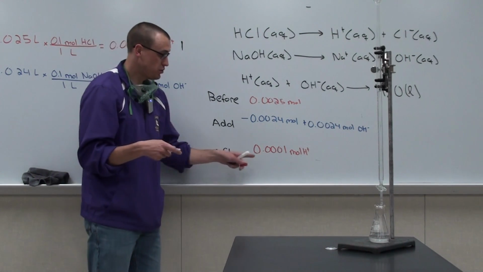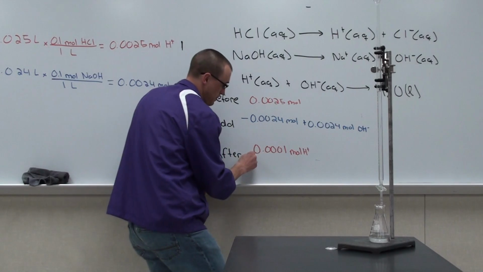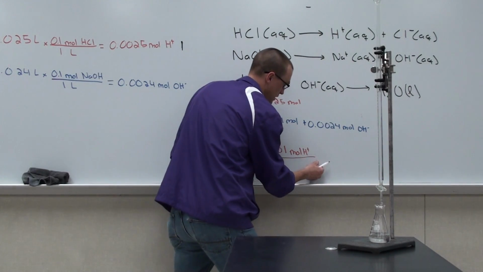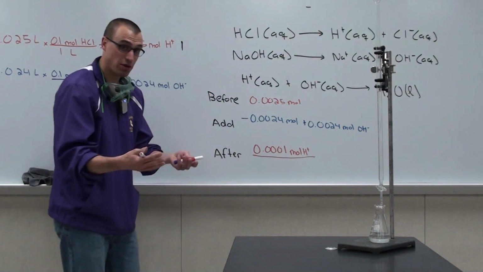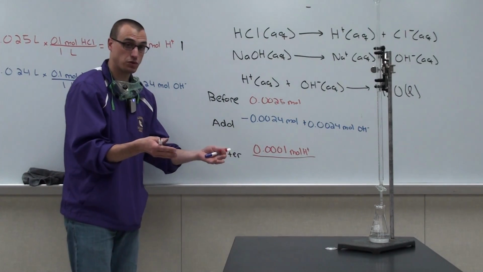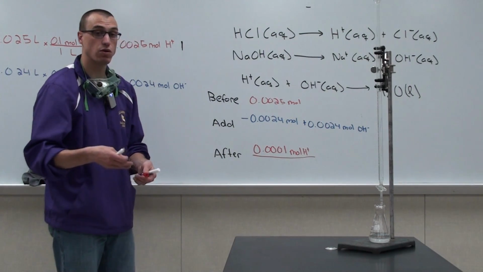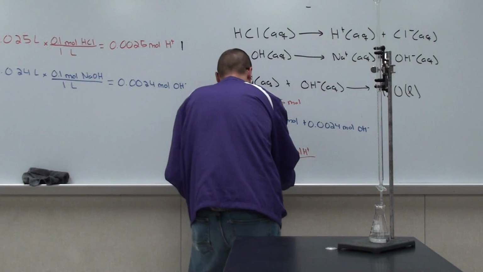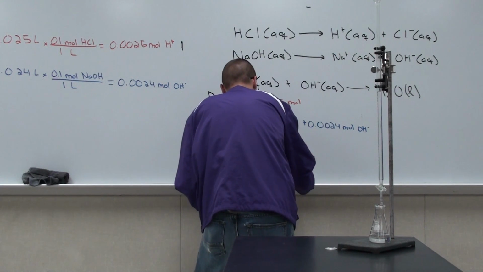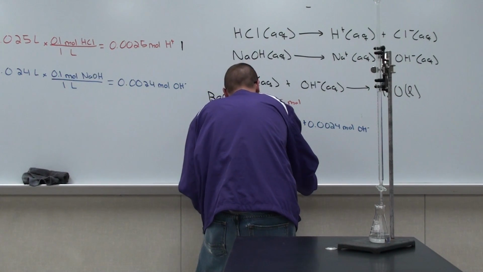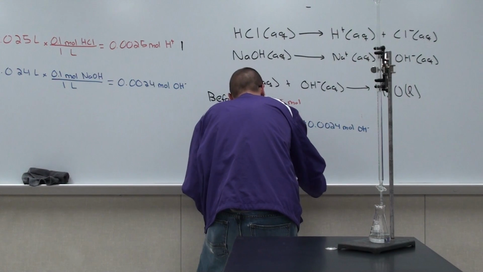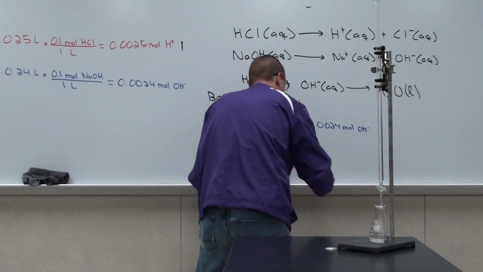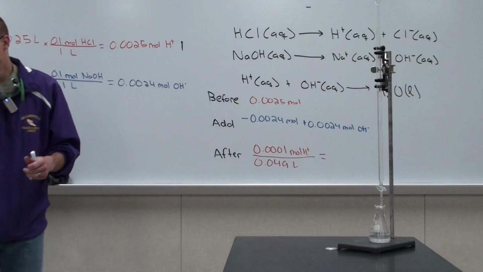So what we need to do to the number of moles of H plus is divide it not by 49 milliliters, but by the conversion to liters, which is 0.049 liters. So we're going to divide 0.0001 by 0.049 liters to get our molarity.